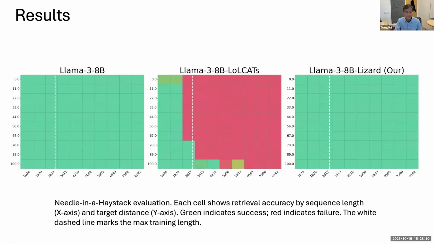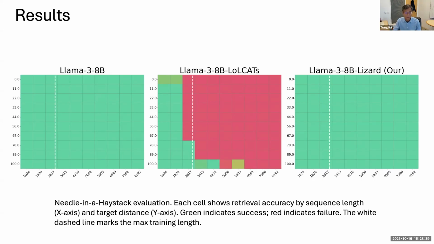Another important part is that when we evaluate our model on a very long context, with a benchmark called the needle in a haystack evaluation, it also shows that our model performs successfully, similar to full attention.